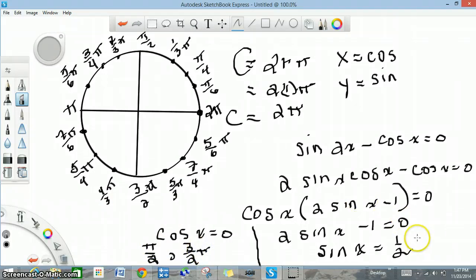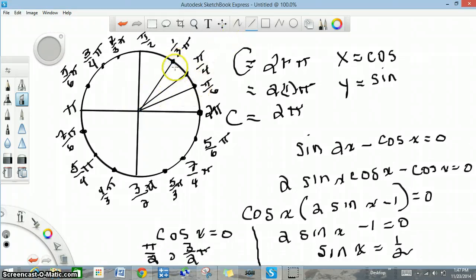Over here, we've got a little bit of work to do. We need to find when the sine of x is 1/2. And so the easiest way we could do that is to say, well, we would draw a line from the origin to our points in the first quadrant, like so.